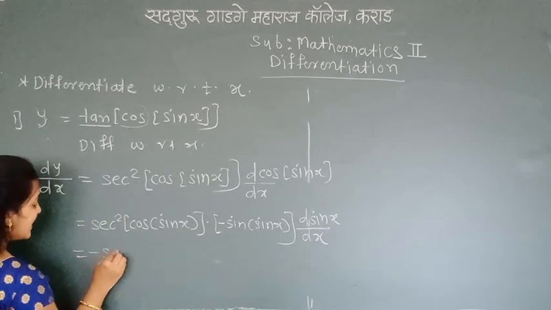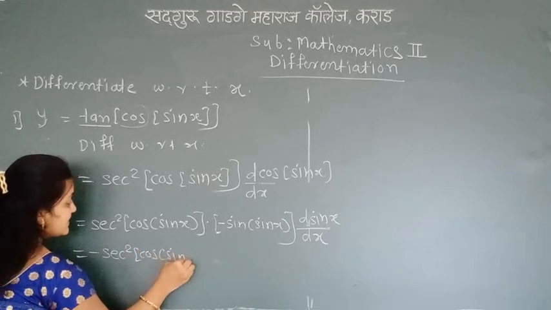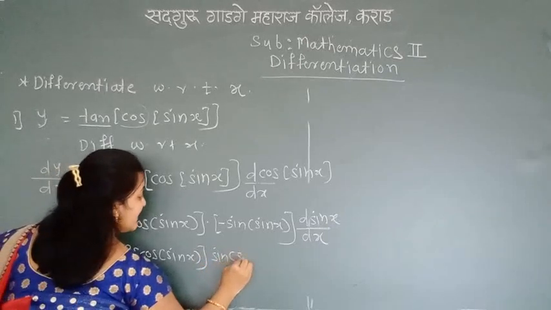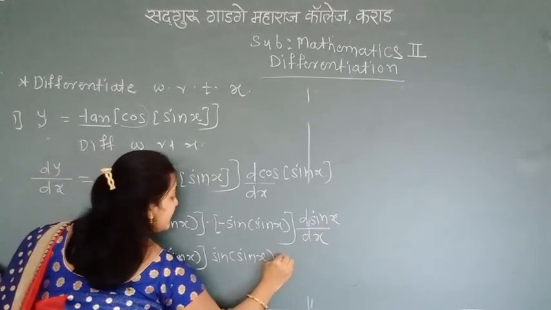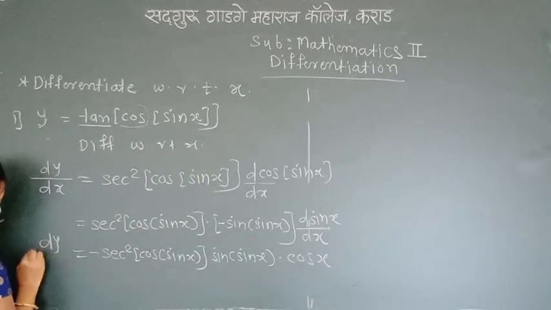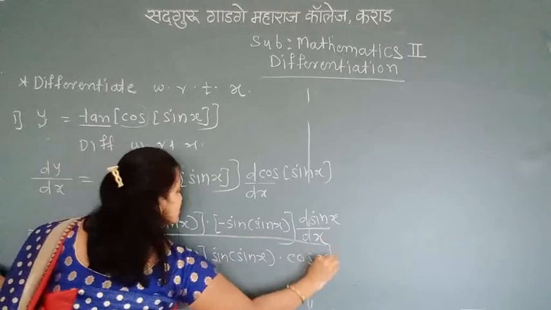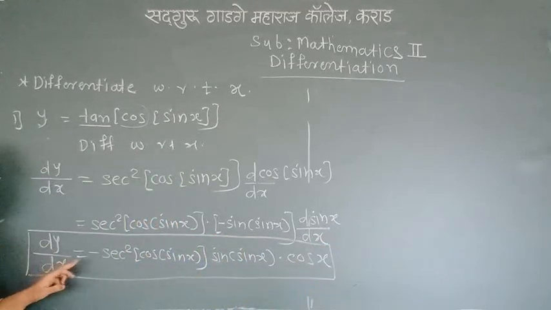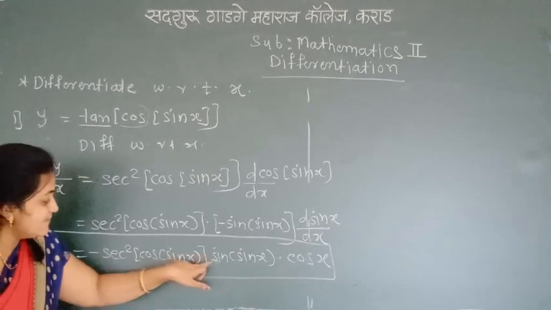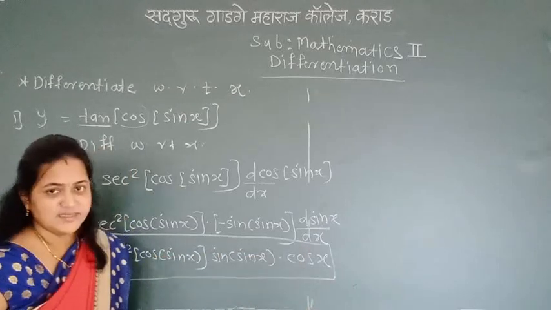So minus sec square of cos of sin x multiplied by sin of sin x multiplied by cos x. This is your final answer. The derivative of tan of cos of sin x is minus sec square of cos of sin x multiplied by sin of sin x multiplied by cos x.